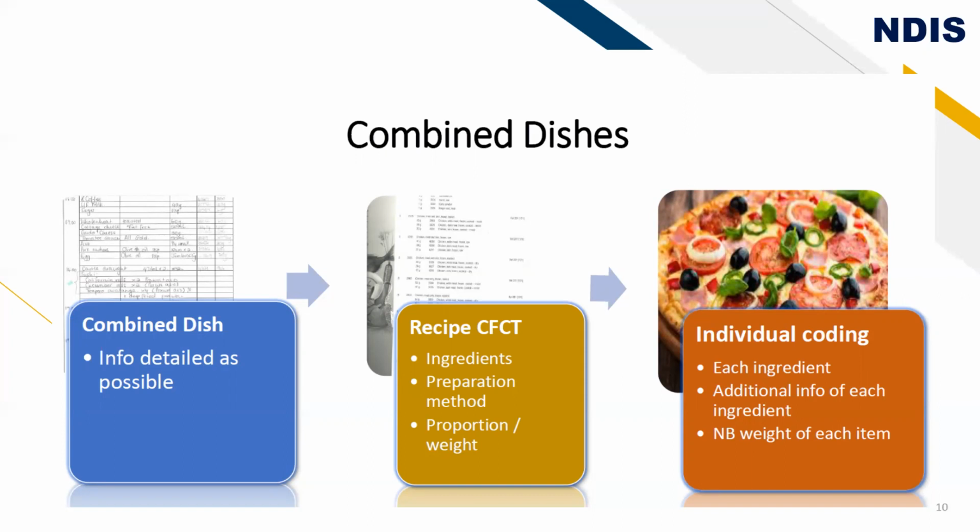What we did in some of the studies, we actually had to purchase the pizzas, and we determined the average weight for a specific ingredient on the pizza. So this is also important to remember.